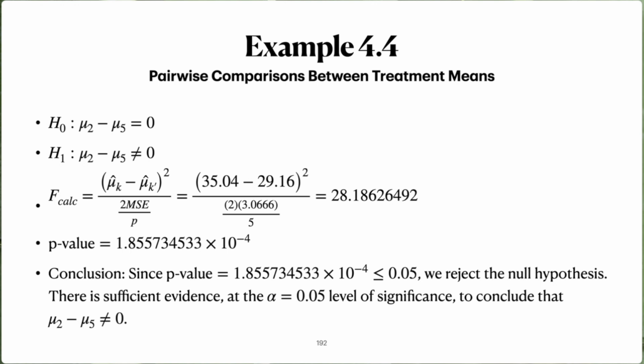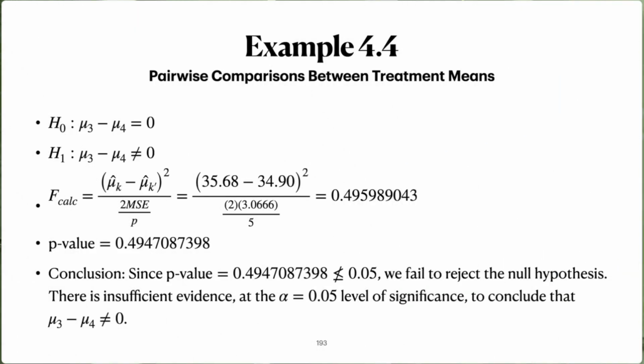That's quite small, certainly less than or equal to 0.05, and so we would reject the null hypothesis. The conclusion would be that there is sufficient evidence at the 0.05 level of significance to conclude that mu2 minus mu5 is not equal to 0. Equivalently, there is sufficient evidence at the 0.05 level of significance to conclude that a difference exists between mu2 and mu5.